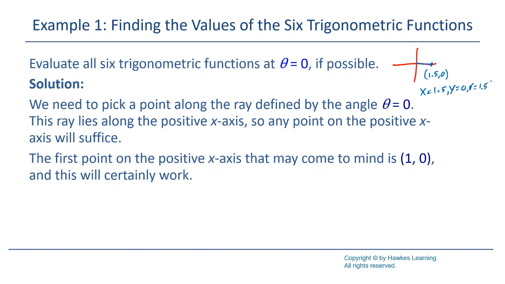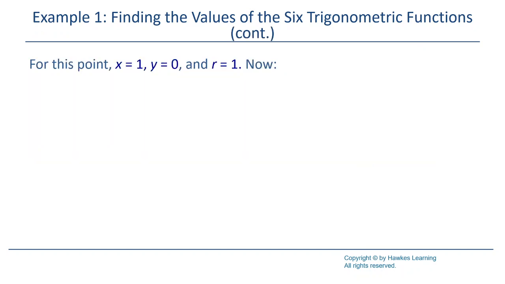So in this case, the ratios are going to work out very similarly to as if we had used the unit circle. So this is just an alternate way as opposed to going straight for the unit circle and pulling the values straight from there.